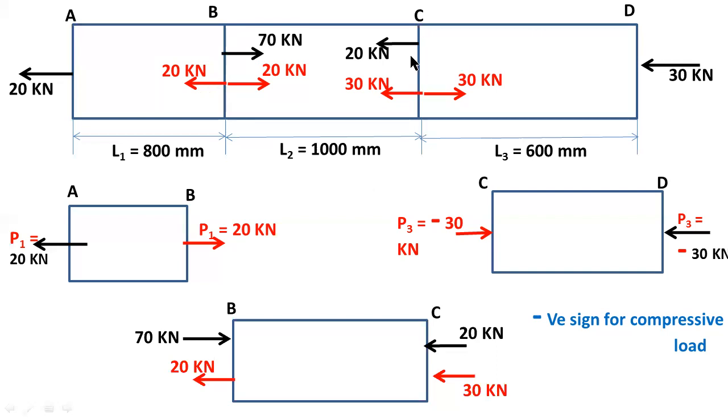At section C, the left side 20 kilonewtons load and the left side 30 kilonewtons are the remaining forces at point C.